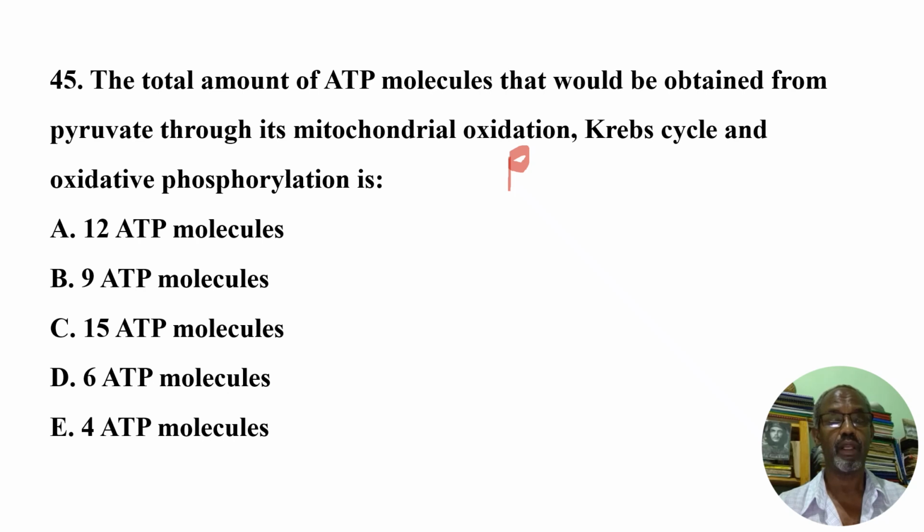Then 1 FADH2 means 2, plus 12, 14. And 1 ATP is produced by substrate level phosphorylation in the citric acid cycle, and therefore totally 15 ATP molecules are produced.